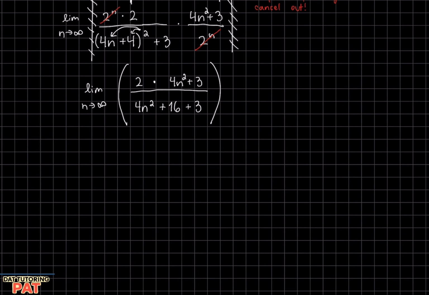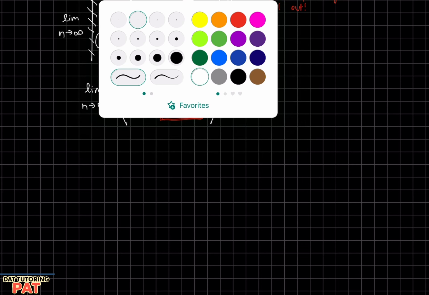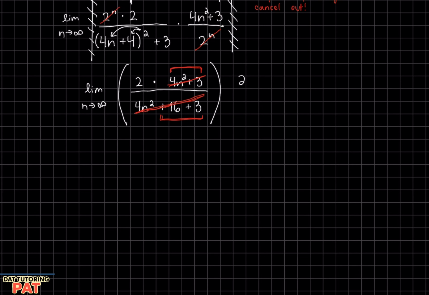So we're looking at this and saying, okay, our 4n's do cancel out. If it's a plus, this whole thing's going to cancel out, and this is all plus 2. It's 4n plus 19, or 16 plus 3. So this whole thing's going to cancel out. What does that leave you with? It just leaves you with 2 over 1, and that just equals 2.